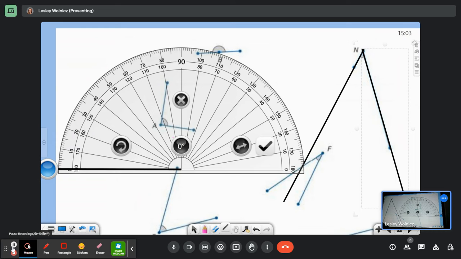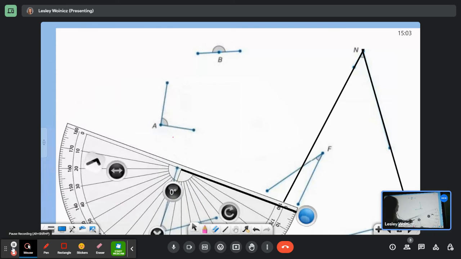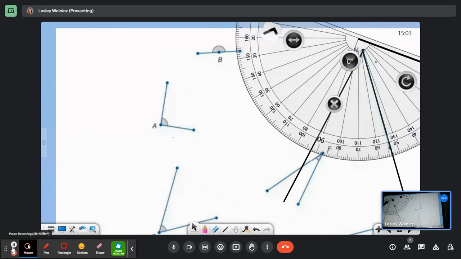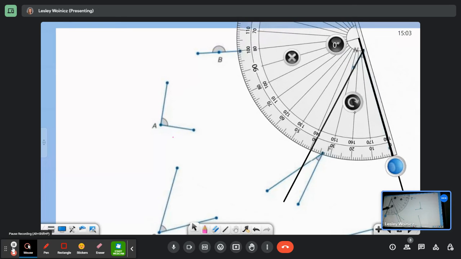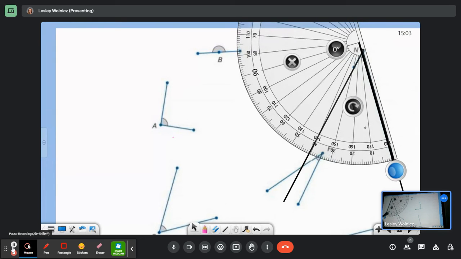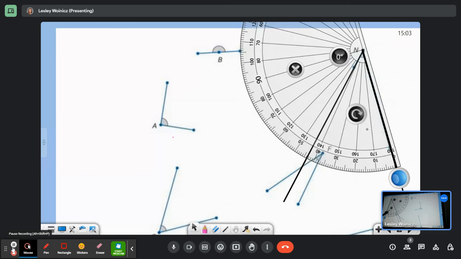Okay. So now I can take my protractor and line it up. And I can tell that this is exactly 44.